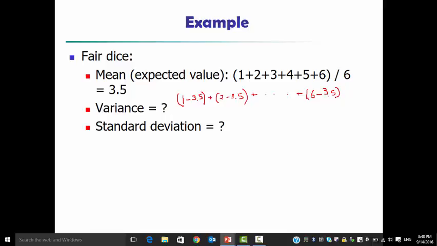All together, add them up, and then divide by 6.